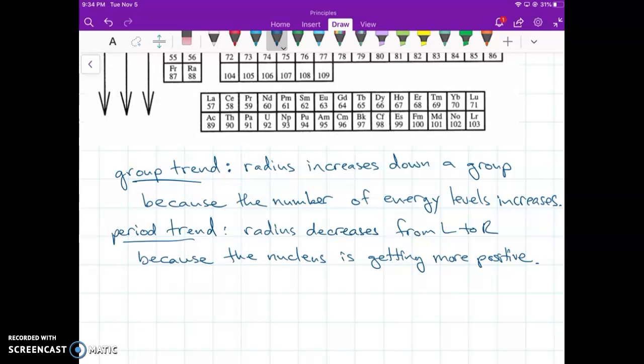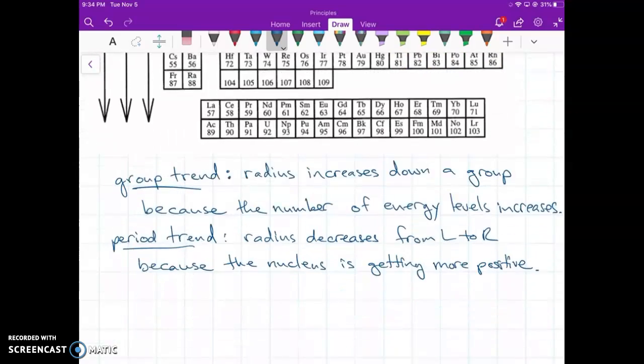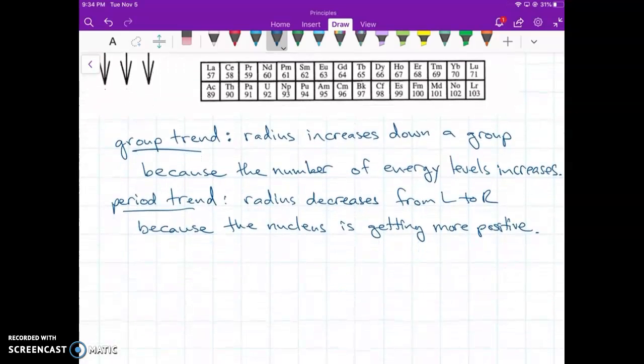So we used boron and oxygen as our example, where oxygen is more positive than boron, so it's going to pull those negative electrons in closer.